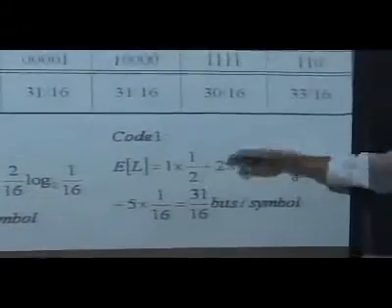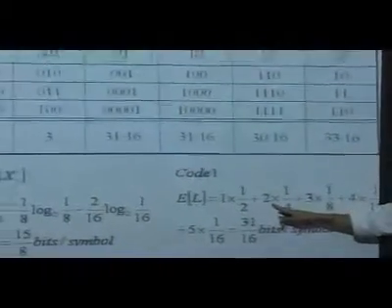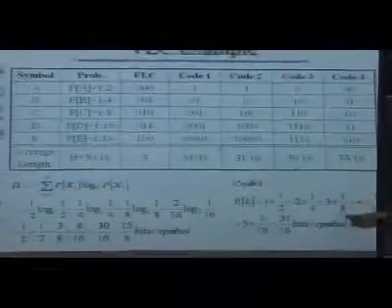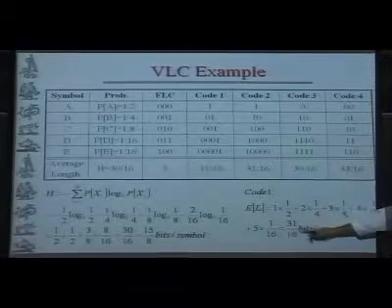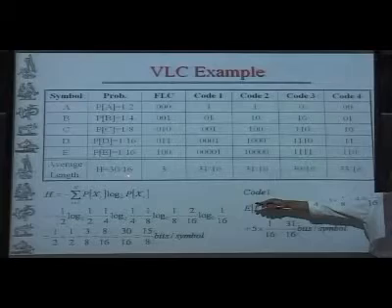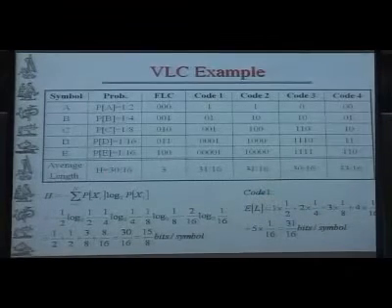Every time B appears, you spend 2 bits, and so on and so forth. Every time C appears, you spend 3 bits, 4 bits here, 5 bits there. So it comes out to 31/16 bits per symbol. This is pretty good, but you're off a little bit.